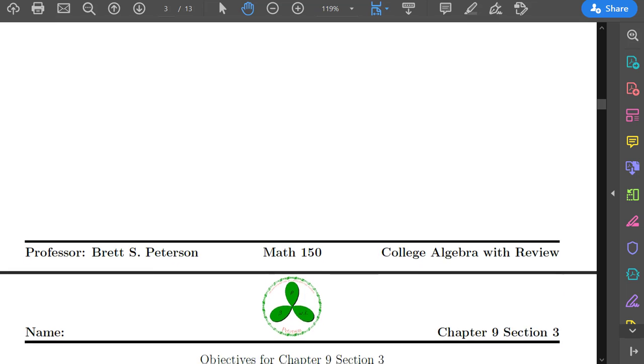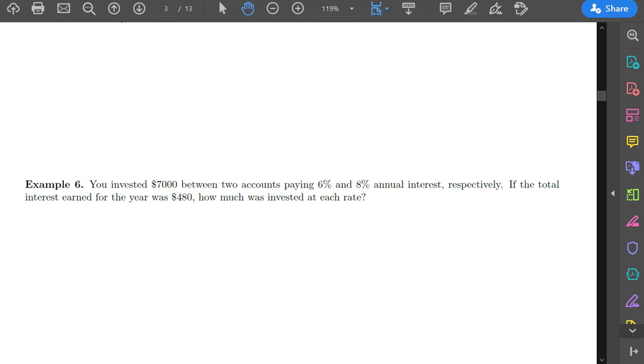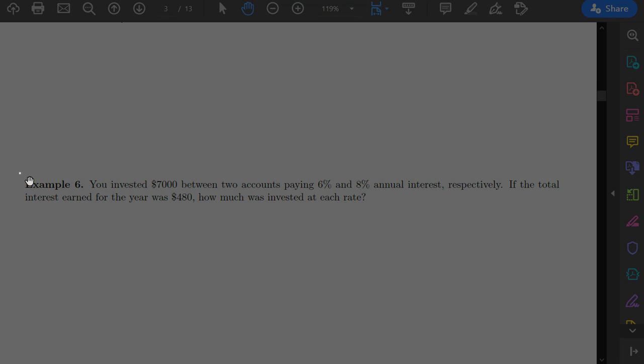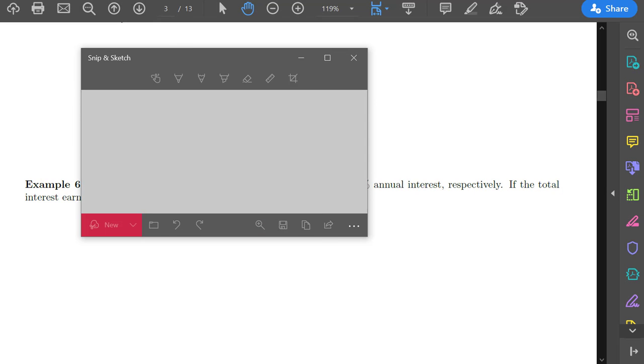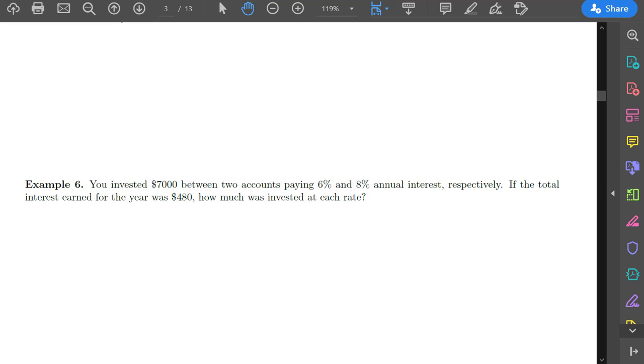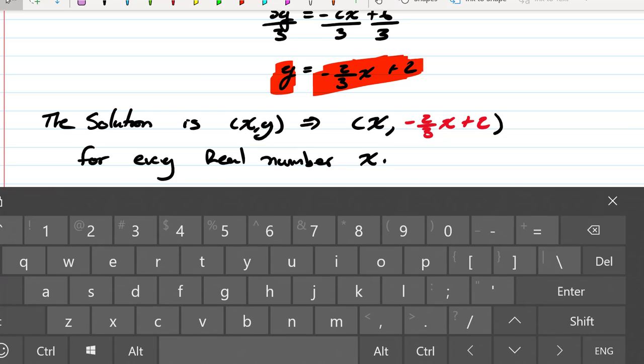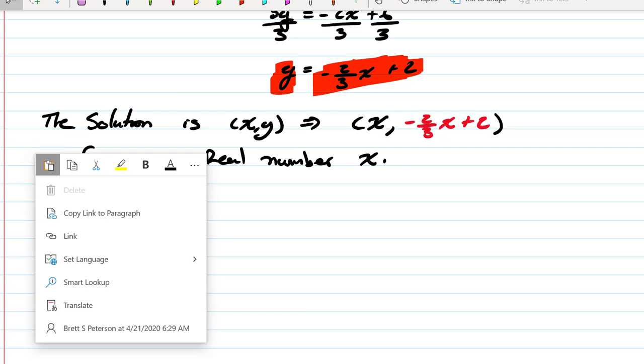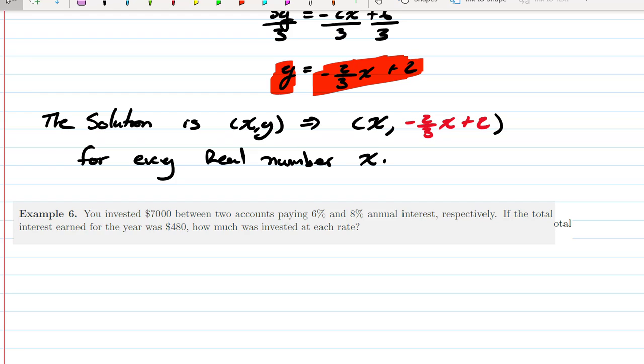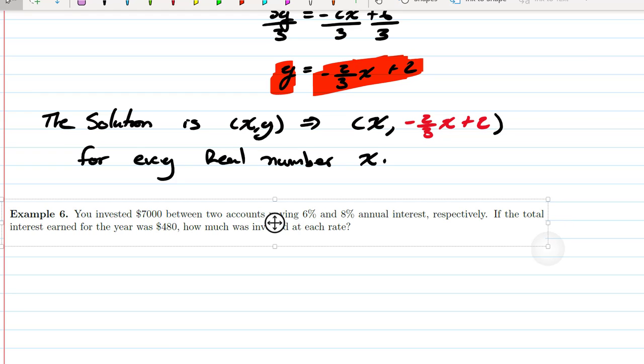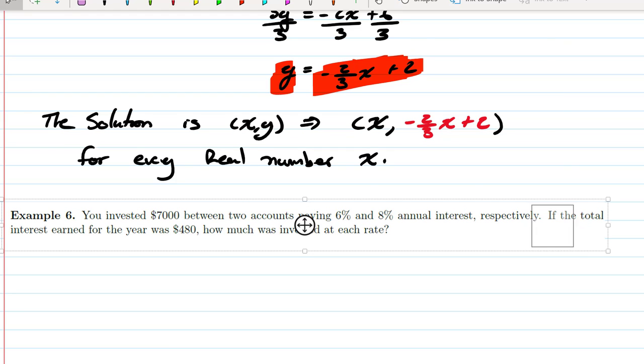Alright, so let's go ahead and take a look at example number 6. You invested $7,000 between two accounts paying 6 and 8% annual interest respectively.